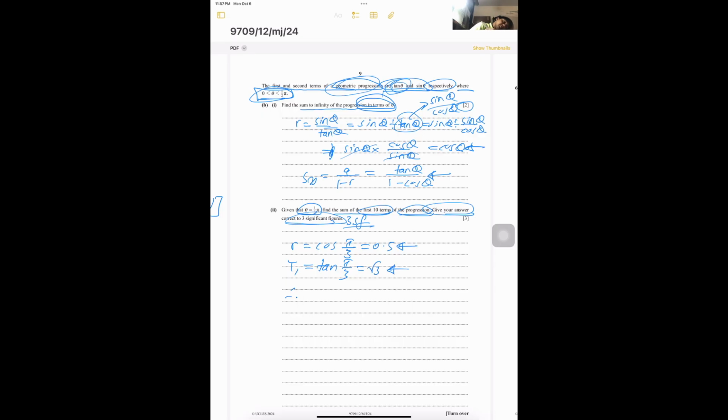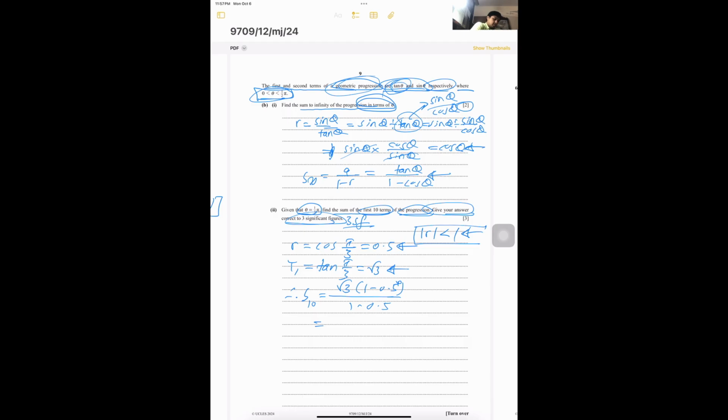Since the modulus of r is less than 1, I'm going to use our second formula. So S of 10 is root 3 into 1 minus 0.5 to the power 10 by 1 minus 0.5. So I'm using the second formula.